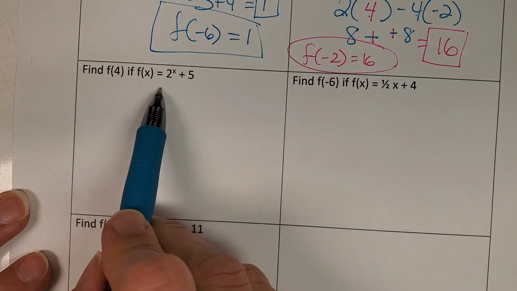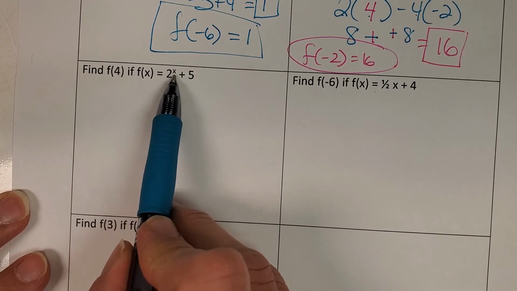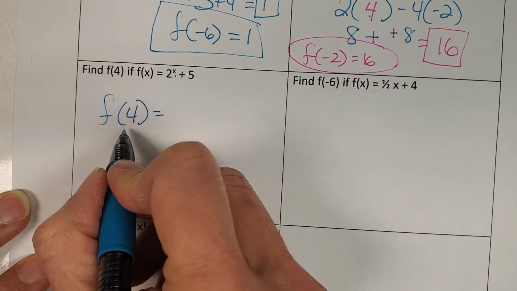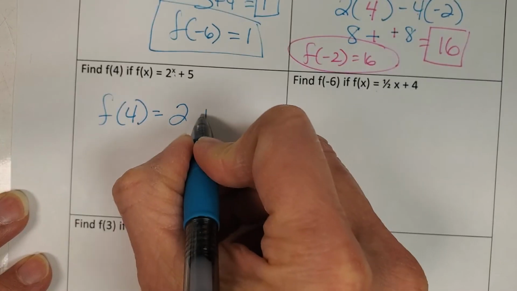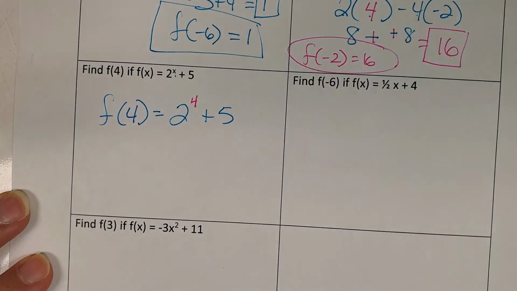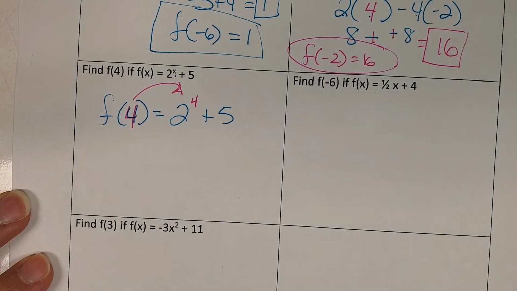Okay, here we notice that x is now an exponent. So we've got to be careful with that. It doesn't mean multiplication. We have to find f of 4, which means I'm going to take the x out and put the 4 in for x. Right? That 4 goes in for every x I see.